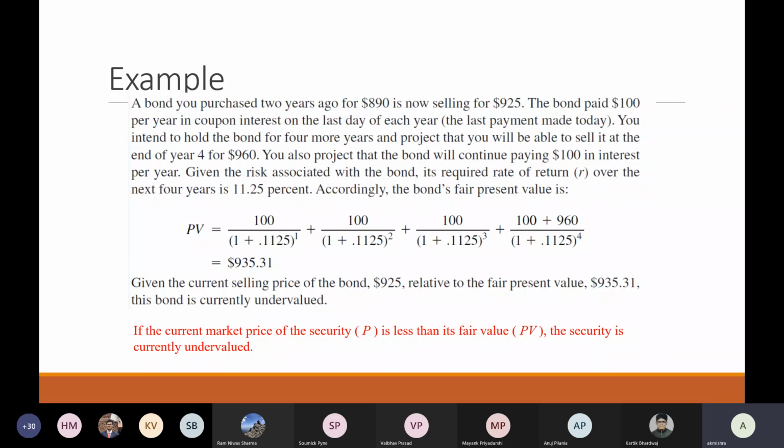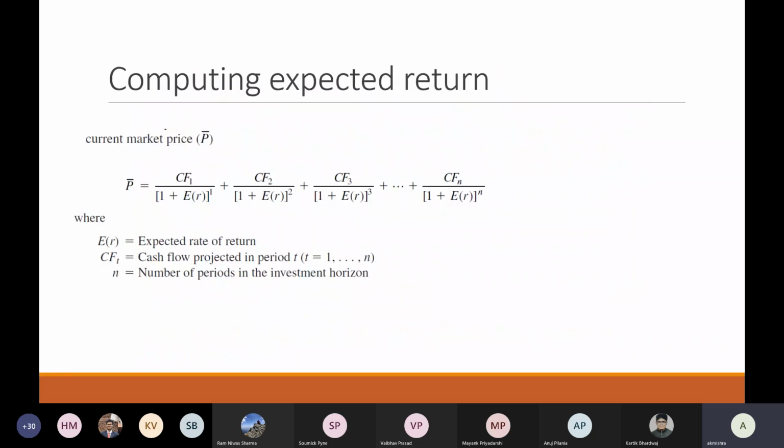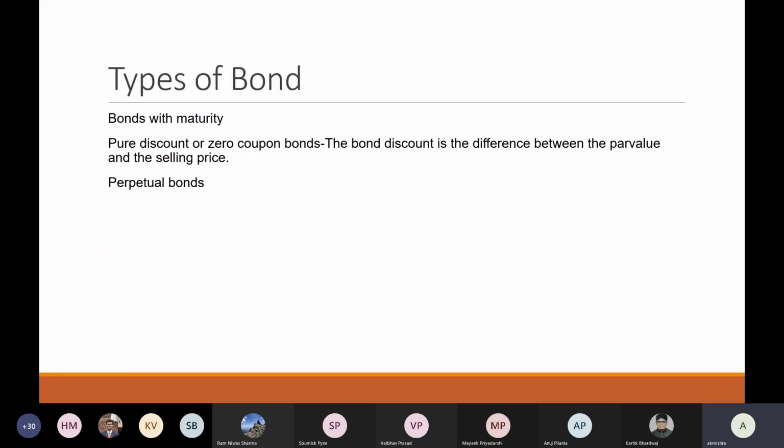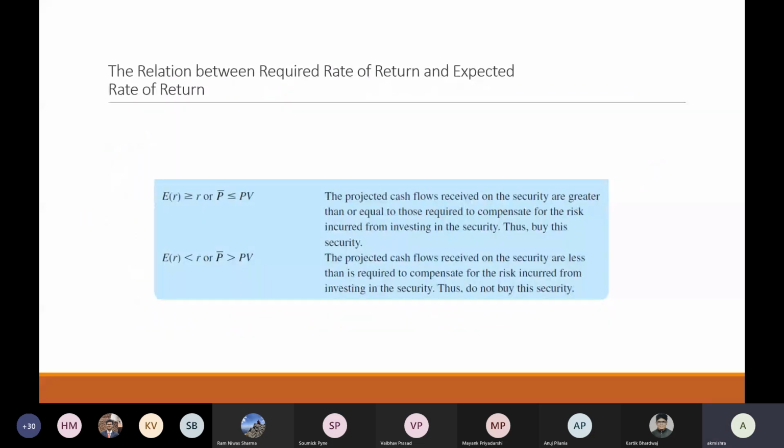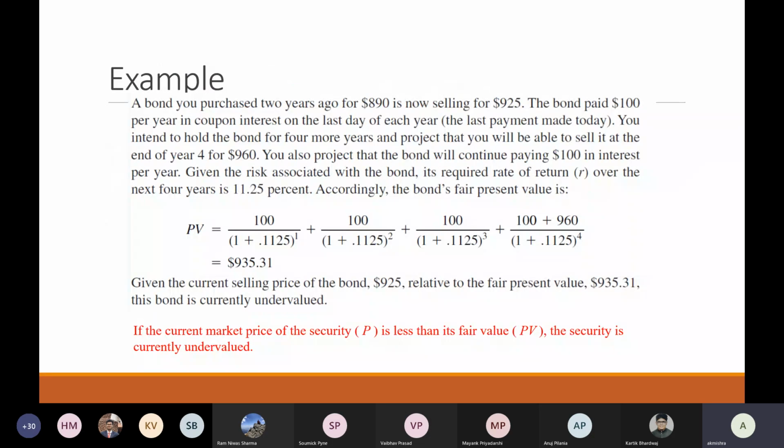You should go through the concepts related to bonds. I think that would be very helpful when we continue our discussion on this topic. Fine. If you have any question, I'll take it. Otherwise, we will close today's session and meet tomorrow.